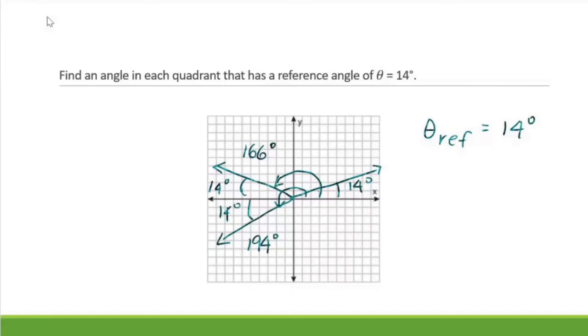Incidentally, we could also label it by its coterminal angle, the negative angle. We could just as easily give it this name. So that would be 180 degrees minus 14 degrees, so 166 degrees, but of course it's in the negative direction. So the value would be negative 166 degrees.